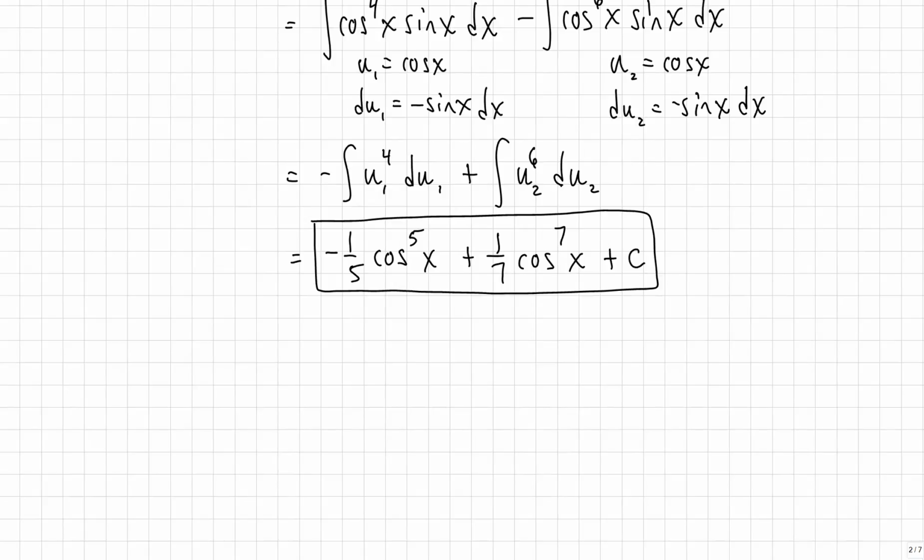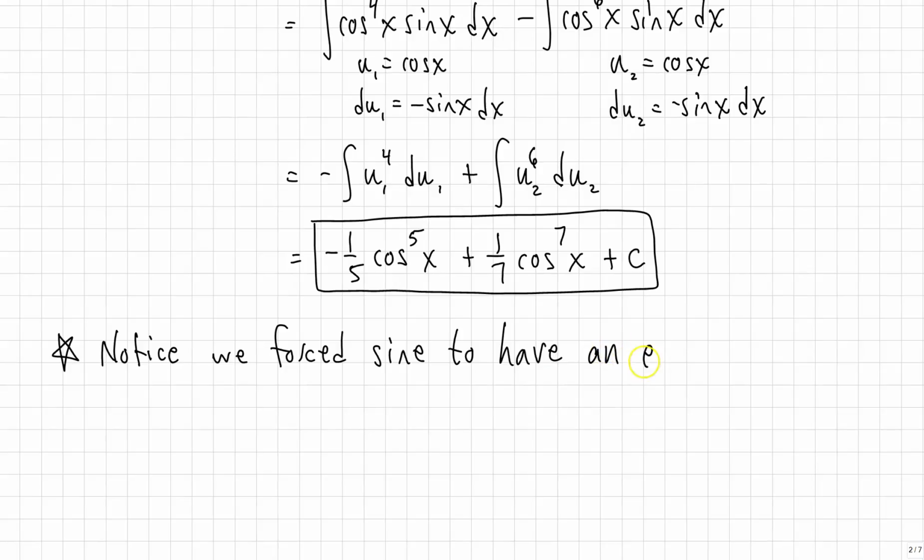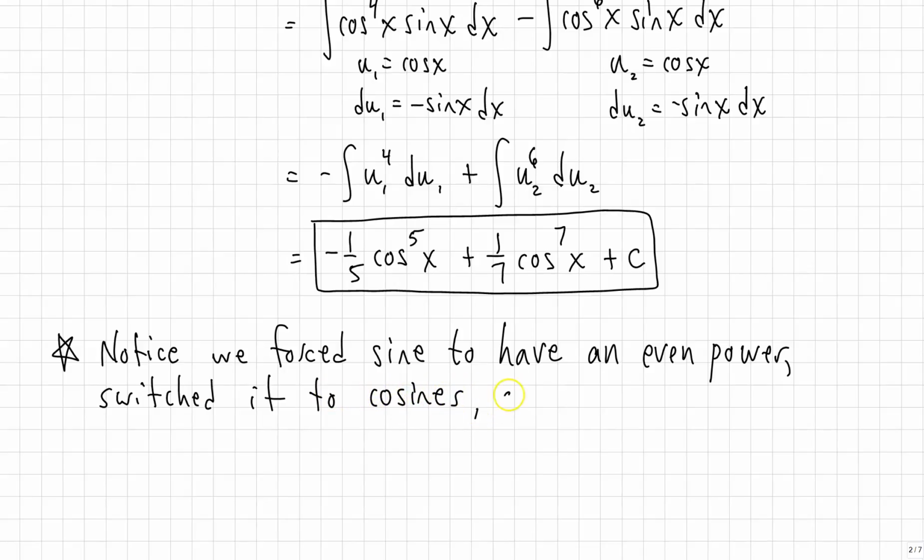So our plan here, notice, we forced sine to have an even power, switched it to cosines, and saved a sine for du.